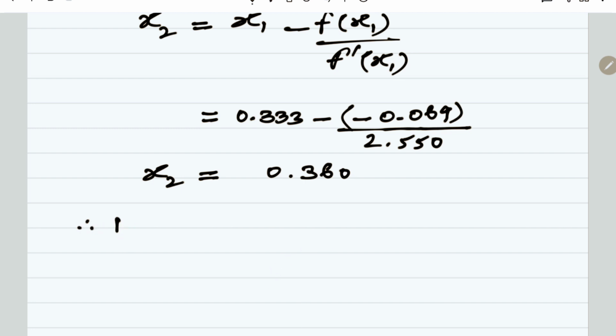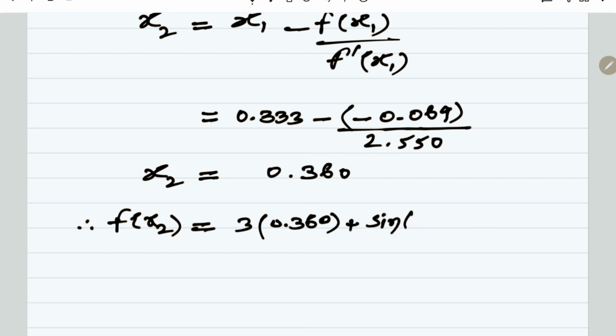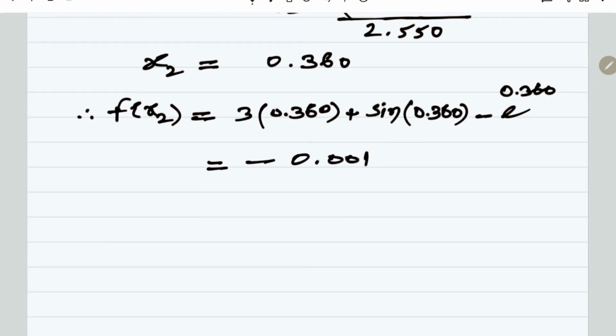Once again, we check the corresponding function value. If it is nearly 0, we stop, otherwise we have to continue. Therefore, 3 into 0.360 plus sine of 0.360 and minus e raised to 0.360, we get the value as 0.000001.